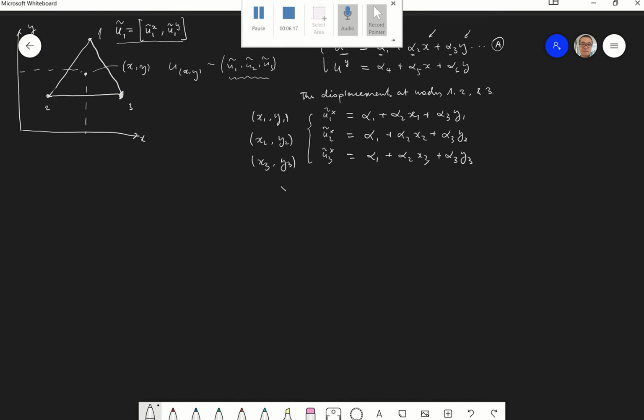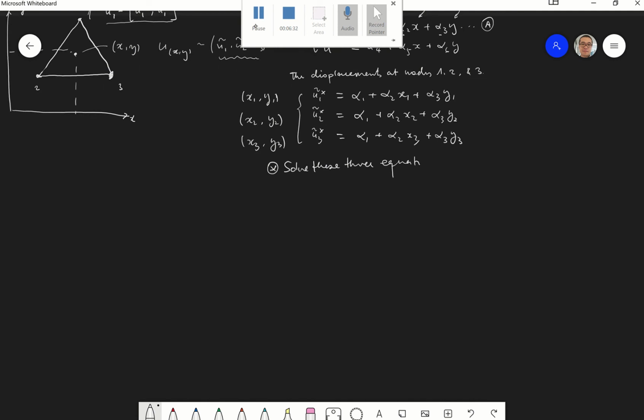But the key idea here is to solve these three equations for alpha 1, alpha 2, and alpha 3. We're just going to show you the final solution and discuss what the meaning of that solution is.